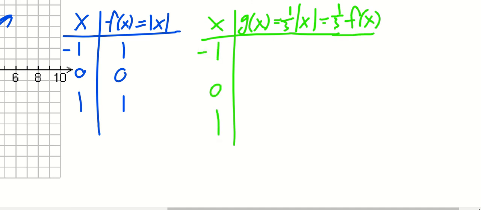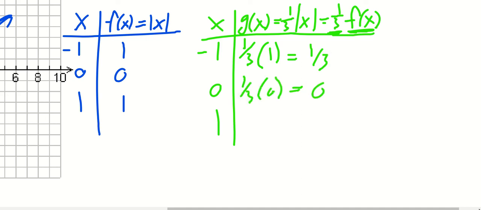And the corresponding values for g are exactly going to be 1/3 those of the corresponding values for f. So for g at -1, it's going to be 1/3 of f's value. 1/3 of 1 is just 1/3. 1/3 of 0 is 0. And 1/3 of 1 is going to be 1/3.